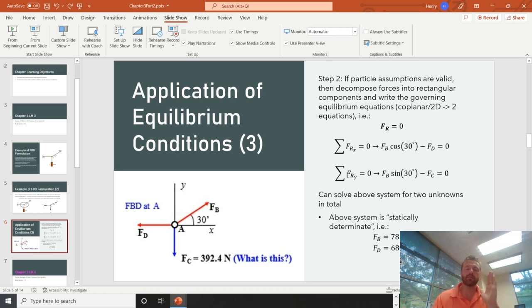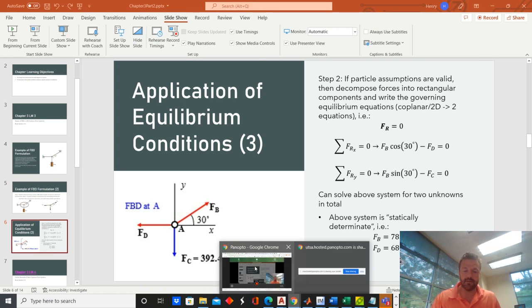If you go to the vertical equilibrium here, since you know FC, you can solve for FB directly. And once you have FB, you can substitute back into your horizontal equilibrium equation and solve for FD. So when the equations are decoupled like that, the solution becomes simpler. But when you don't have that situation, I think it's best to take advantage of the technology we have at our disposal and use linear algebra techniques.